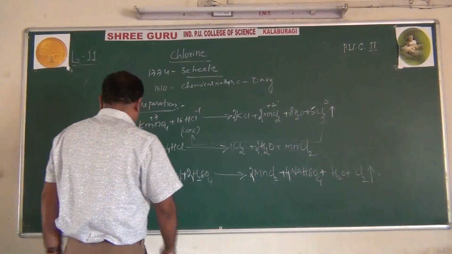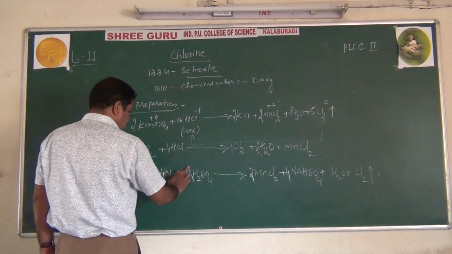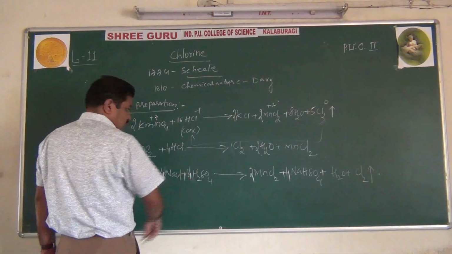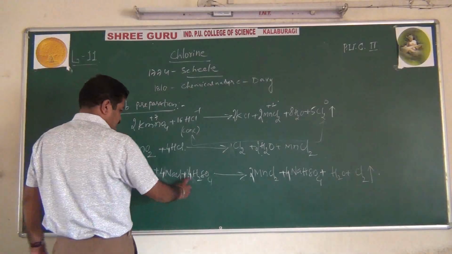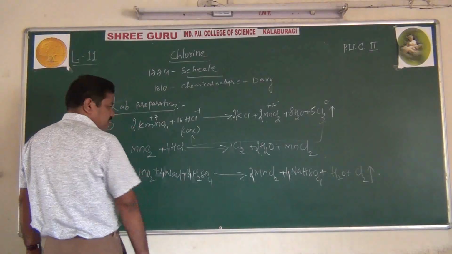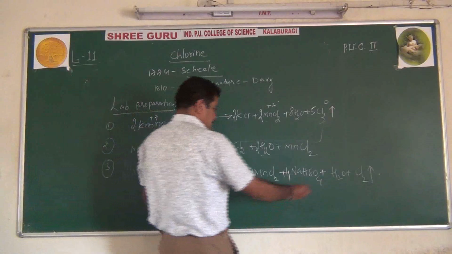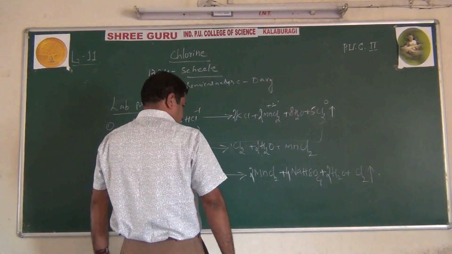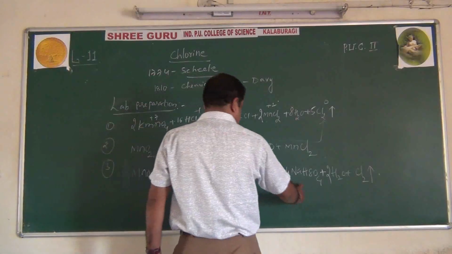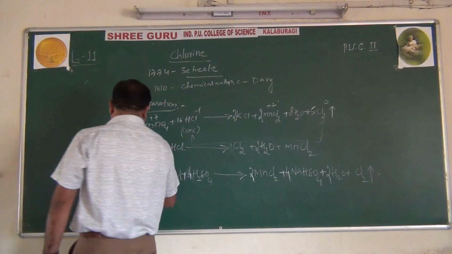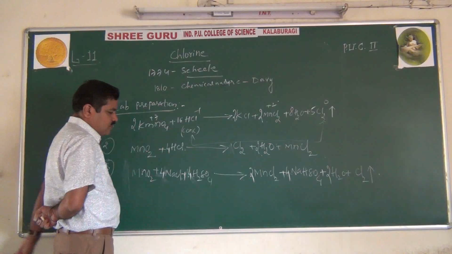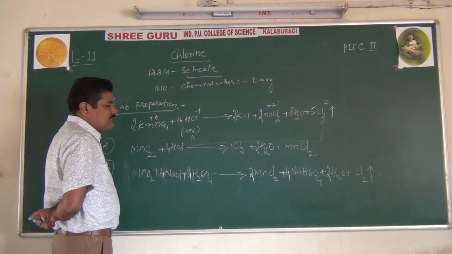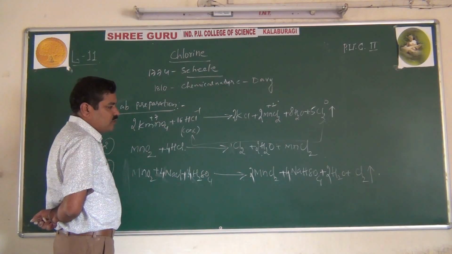Sorry, 4 NaCl with 4 H2SO4, because sulfur is 4 here. 4 for the 16, 16 plus 2, 20. Now make it balance here, 2 H2. I think now it's completely balanced. Right, now it's balanced. And then 2 MnO2 plus 4 NaCl plus 4 H2SO4 gives 2 MnCl2, 4 NaHSO4, 2 H2O plus Cl2.